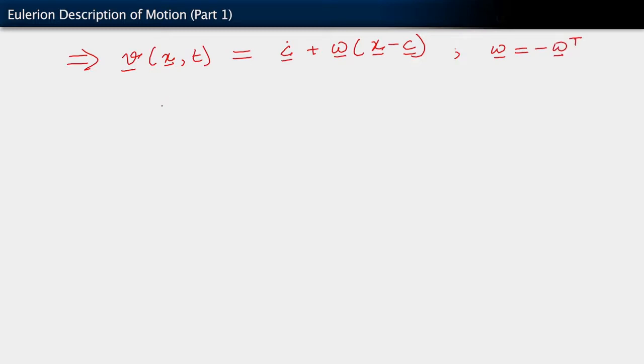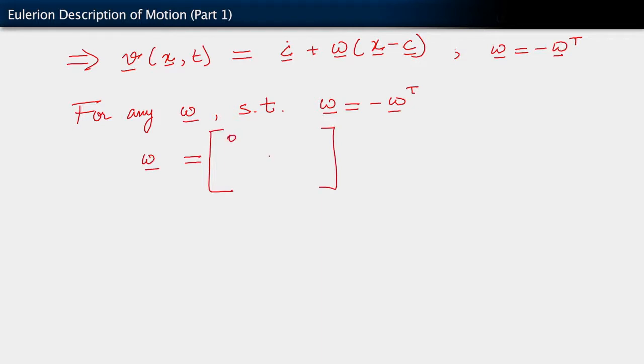Okay? Now, here's another property of skew-symmetric tensors. It emerges that for any omega such that, ST means such that, right? For any omega such that omega equals minus omega transpose, one can also write out the tensor omega in the following fashion. It's skew-symmetric, so of course its diagonal, as we saw a few segments ago, has to be filled with zeros.